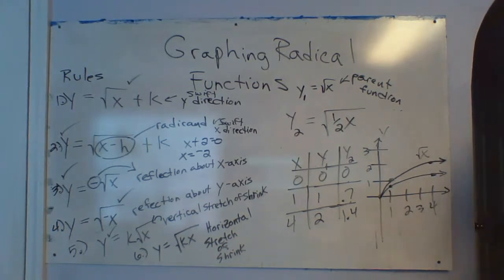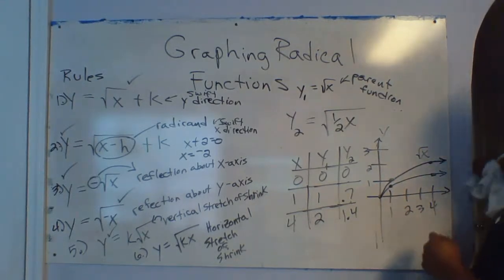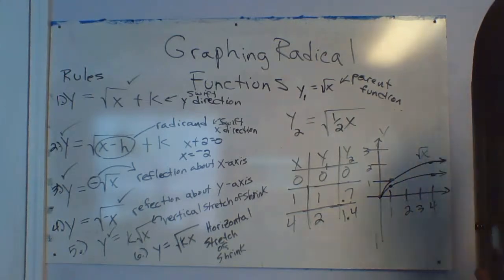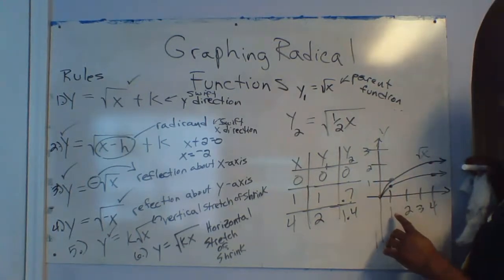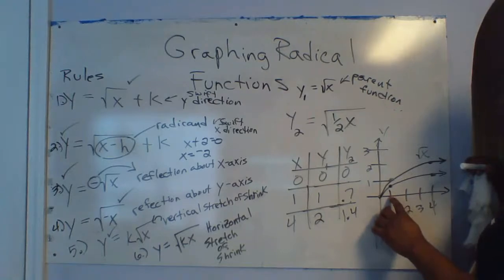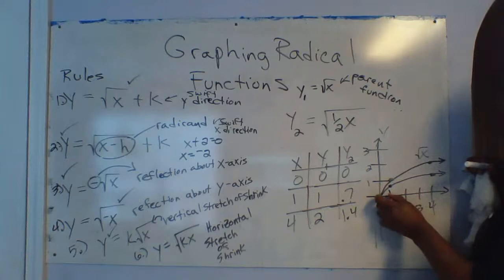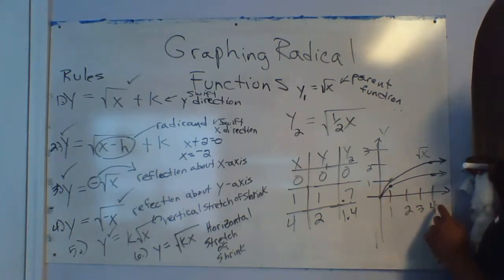All right. So the reason why they call this a horizontal shrink, in other words, in order to get to that same height, you're going less the distance.